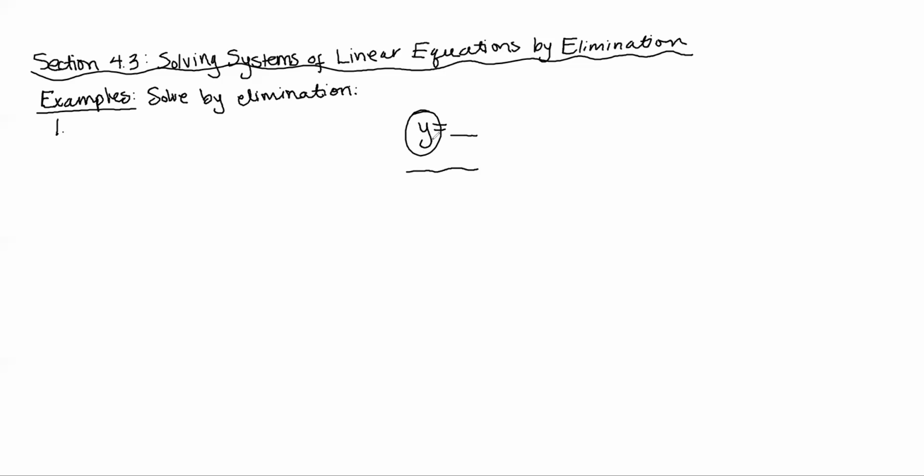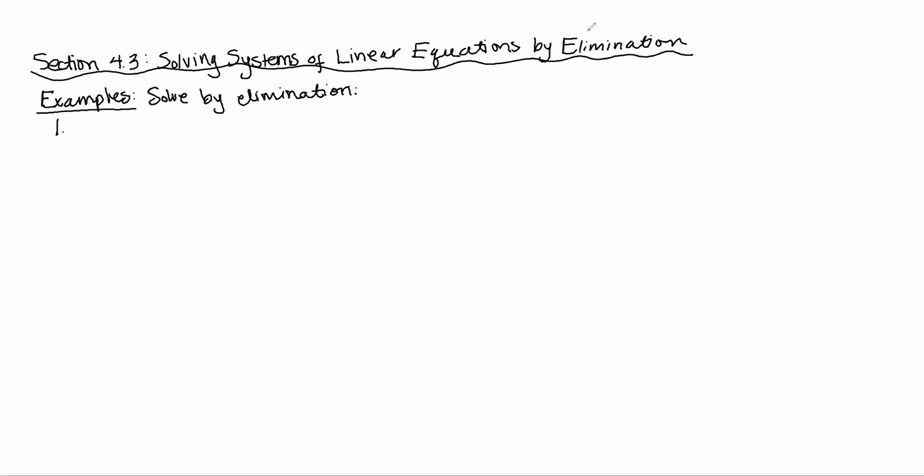Or if you have a variable that doesn't have a coefficient, but it's easy to solve for, substitution's still really good there. The time when you're not going to want to use substitution is in some of these that we're going to see here, when maybe all of your variables have a coefficient that's not 1, and it's not going to be nice to solve for one of the variables and plug into the other equation.